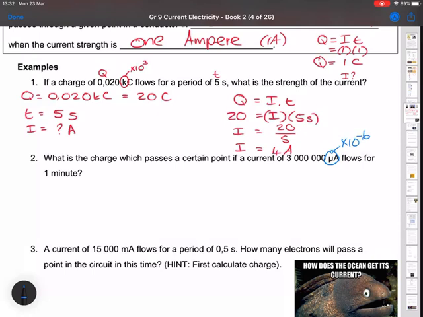Guys, minute is not the SI unit for time. You must convert to seconds. That is 60 seconds. All right, so the information that we've got, they want to know how many coulombs of charge. We've got a current of 3 million microamperes. And I told you micro means times 10 to the power of minus 6.